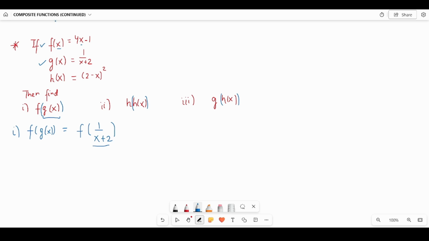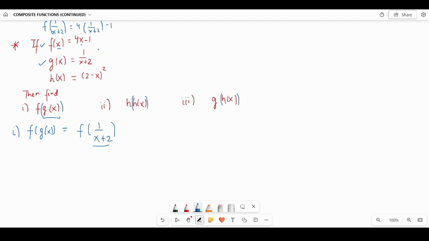So all you need to do here is replace the input x with 1 divided by x plus 2 everywhere in the function. So we will get f of 1 divided by x plus 2 equals 4 times 1 divided by x plus 2 minus 1.